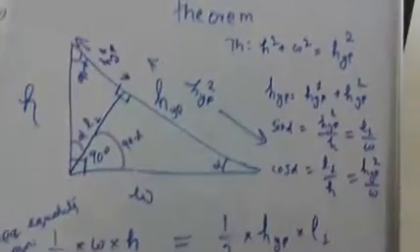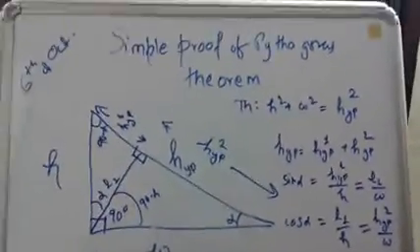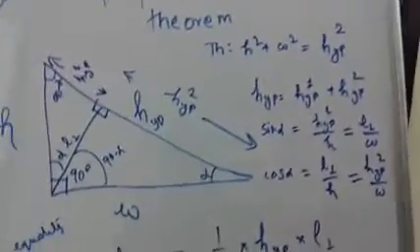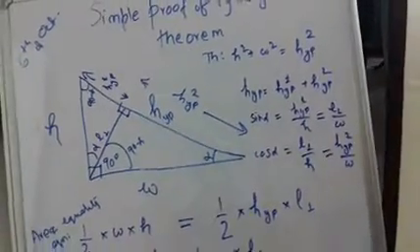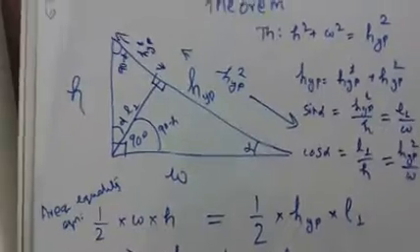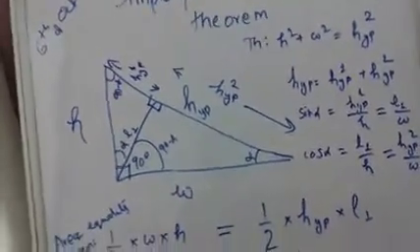And by dropping perpendiculars and lines and a little bit complicated geometry, we prove that the sum of the squares on the vertical and the horizontal sides is equal to the square of the slanting side, which is the hypotenuse. In this proof, we make it very simple.